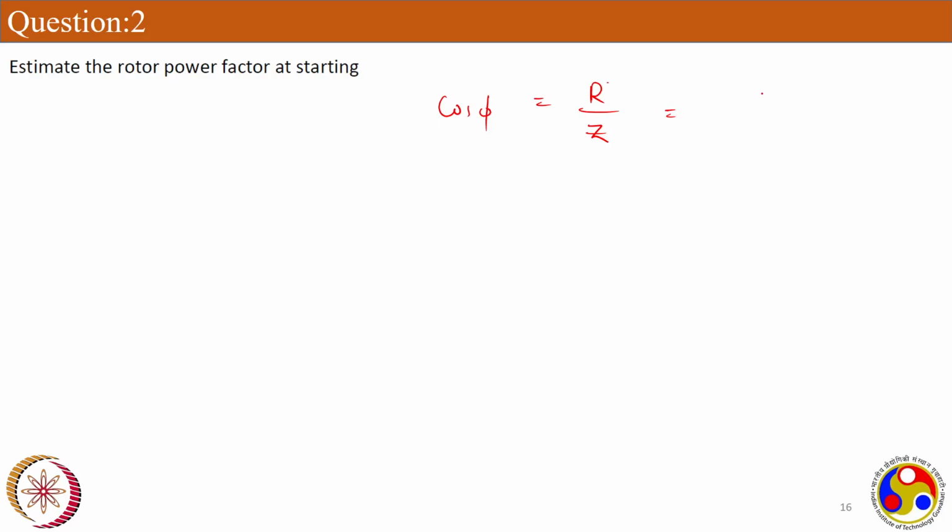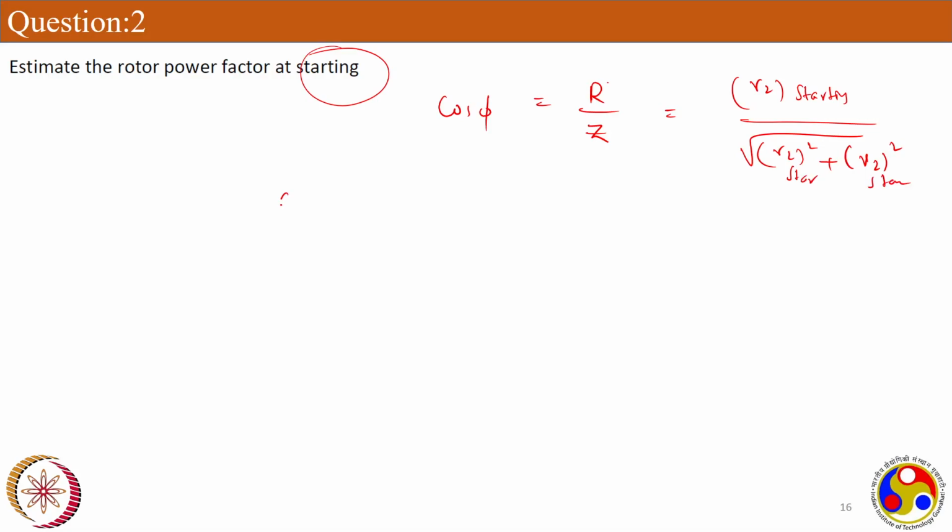Now R we know, and R2, of course, they have asked at the starting condition. So R2 at the starting is called the standstill resistance. Now Z will be the total impedance, root of R2 square plus S X2 square, where S will be 1 because of the starting.